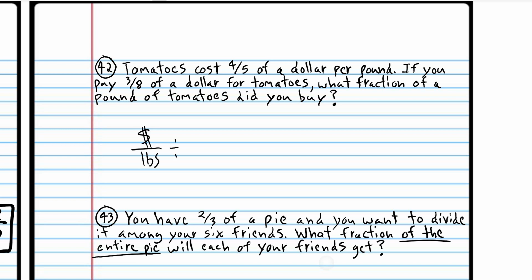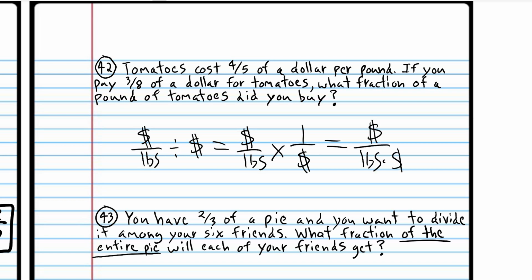If you divide that by dollars, then you end up with dollars over pounds times dollars, and the dollars cancel out, and you end up with 1 over pounds. That's incorrect. We just want pounds. We don't want 1 over pounds.